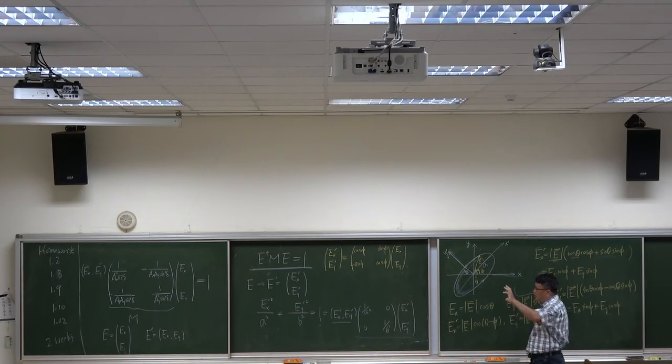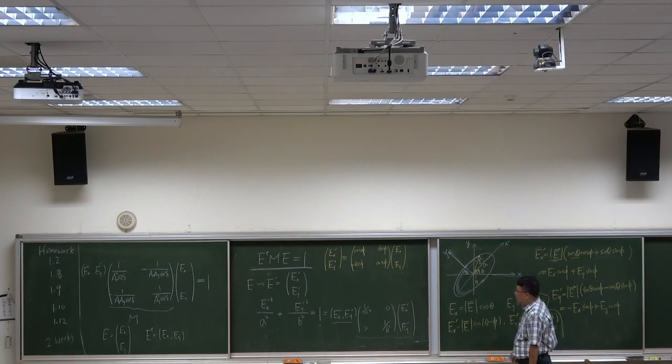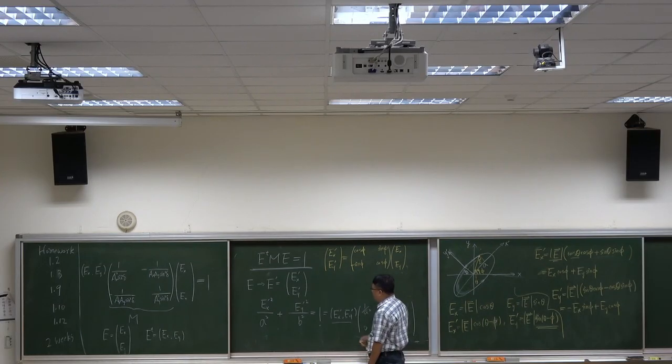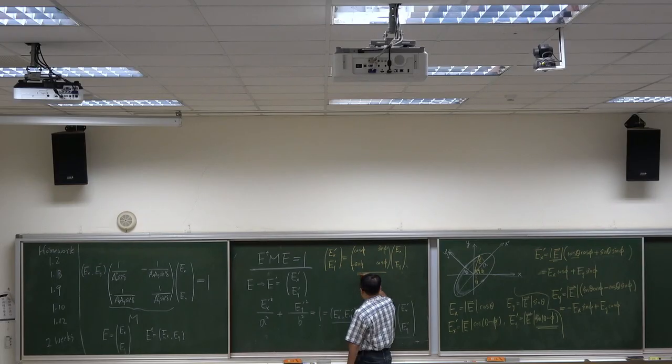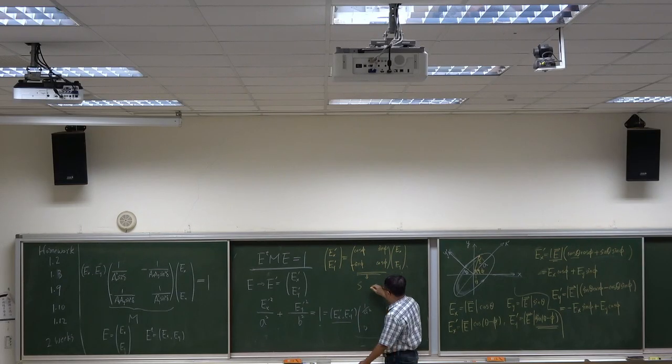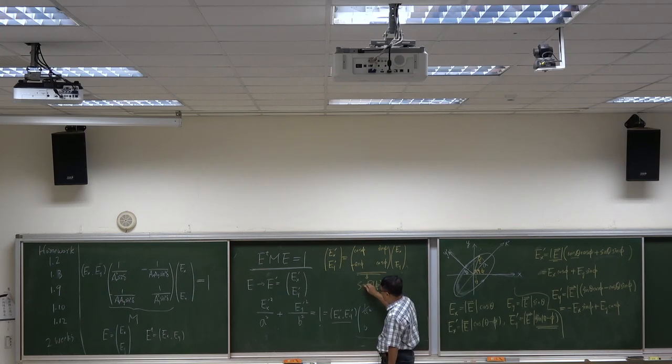So if I denote this as E prime, and I denote this as S. Okay. S is a rotation matrix. Its parameter is phi. Phi is the rotation angle.